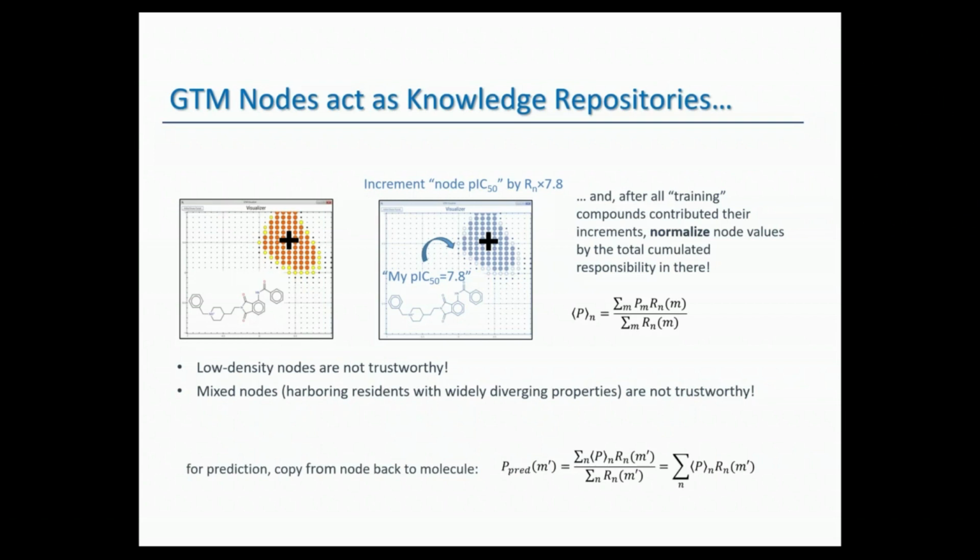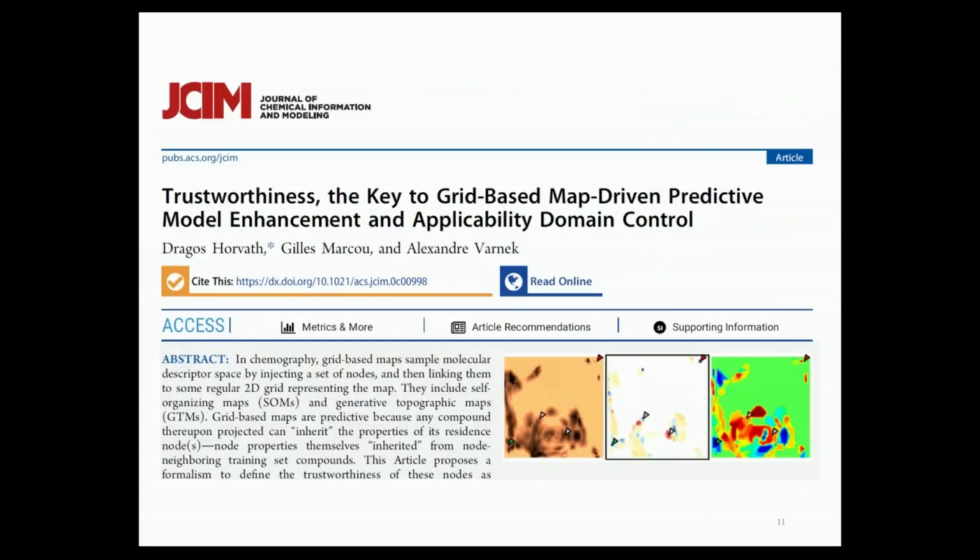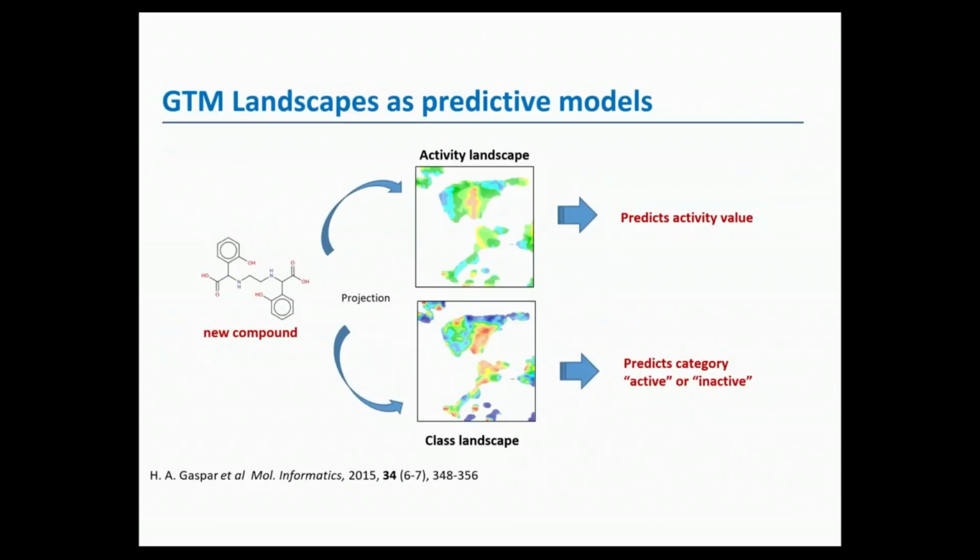So we can define a trustworthiness score and look at predictions from this perspective. We're not going to go into that kind of details today. Just keep in mind that GTMs are like a Swiss knife. You see, we started discussing chemography. We finished discussing predictive models.